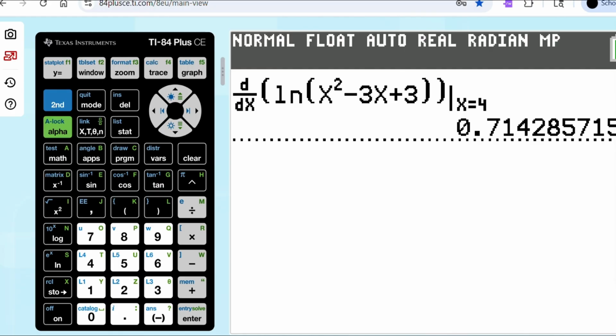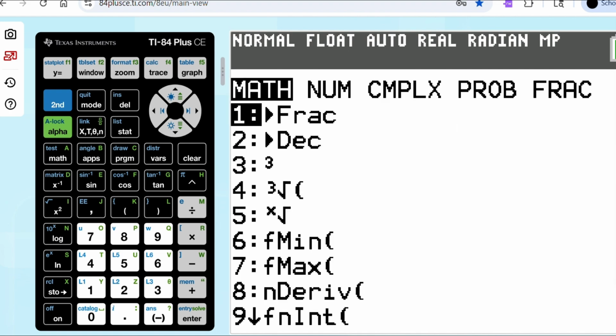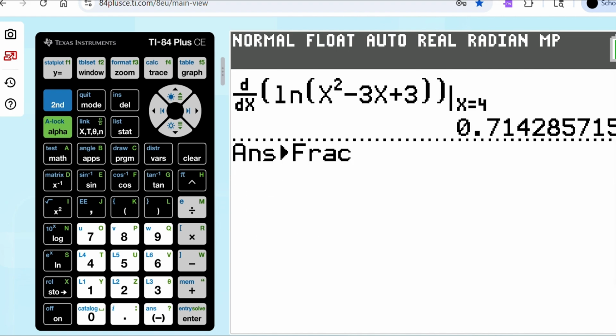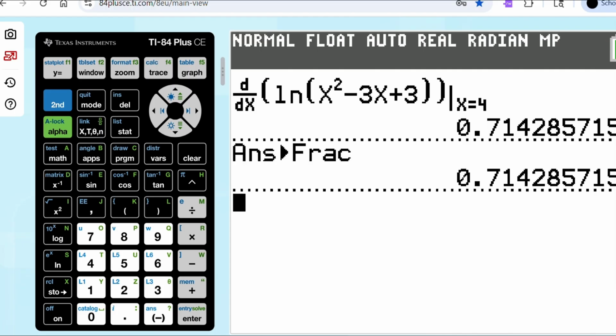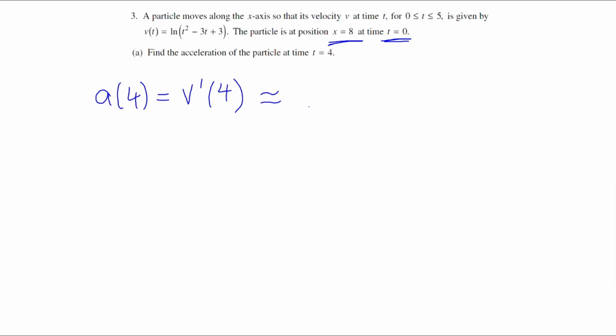Now, knowing what that is, you can always turn that into a fraction by hitting math and option number 1, right? And so we'll see that it didn't do it for us, but that fraction is actually real close to 5/7. That is 5/7. So we could say 0.714, or you could have just done the derivative.